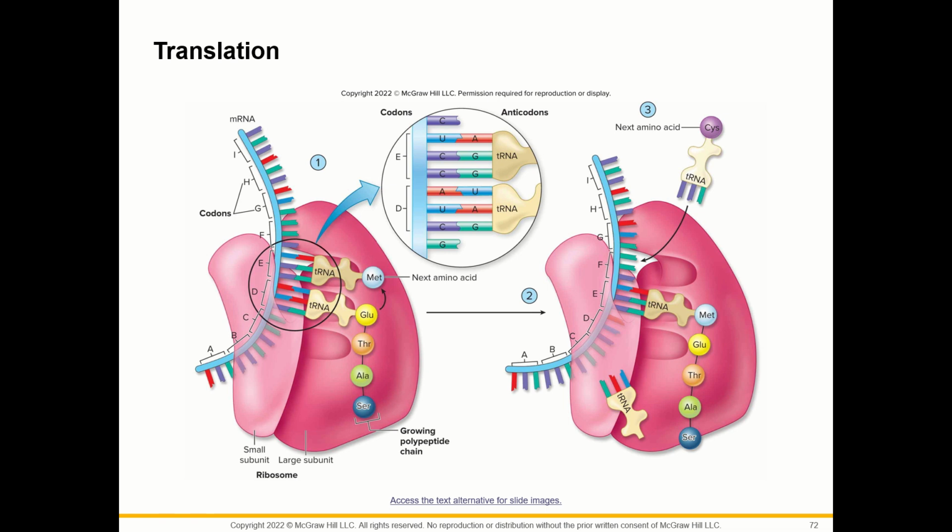And then number 2, the tRNA that has brought the next to last amino acid disassociates from the mRNA so that the growing polypeptide is attached only to the last tRNA. And then in number 3, another tRNA carrying another amino acid will bond to the next codon in the mRNA so that this amino acid will be at the new growing end of the polypeptide.